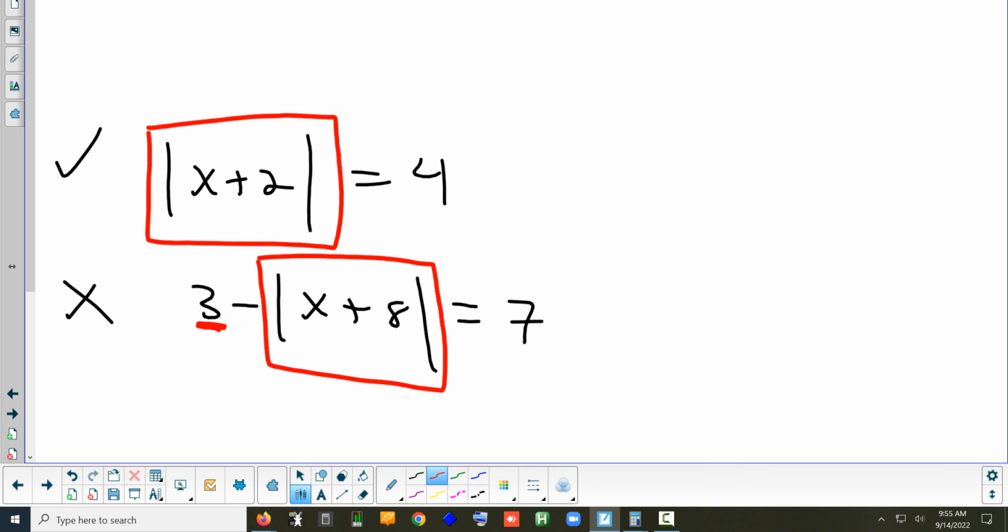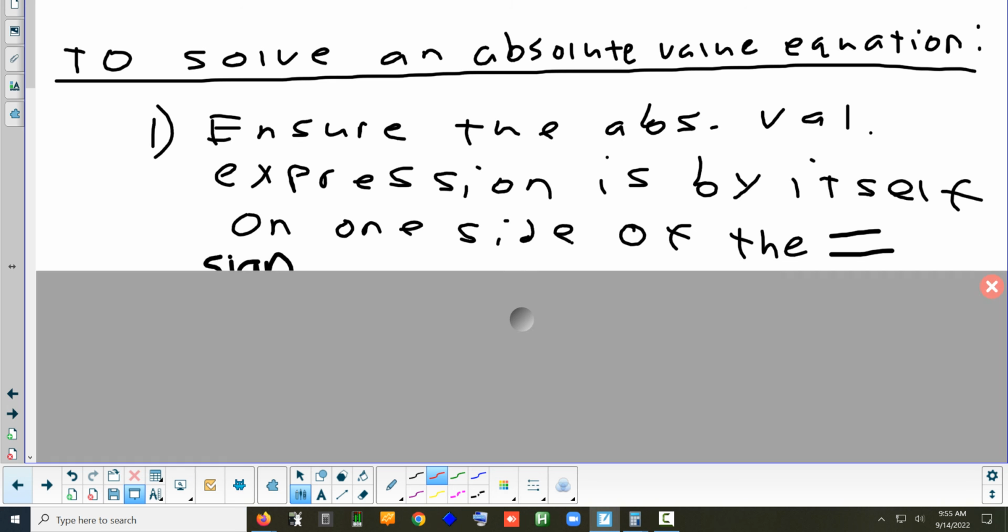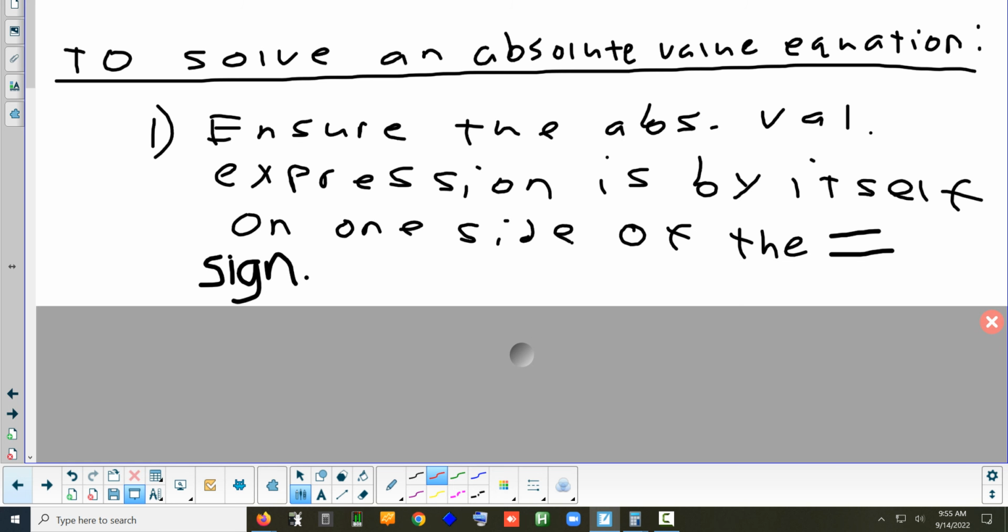We don't want that. So when we're trying to solve an absolute value equation, the first step on your guided notes is to ensure that the absolute value is by itself with nothing else next to it. You can have a bunch of stuff inside the absolute value. That's fine. But you don't want to have something outside it.